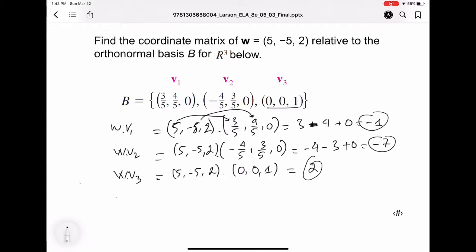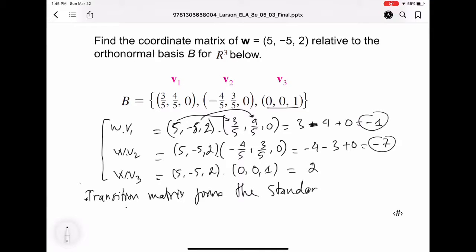You need to find the transition matrix, right? Okay, let's remind you about that. So, how do you find a transition matrix? You want to find the transition matrix from the standard basis to B. You write B in here, and then here is the identity, right?